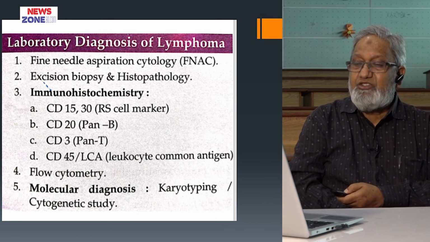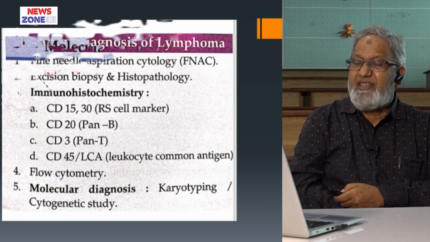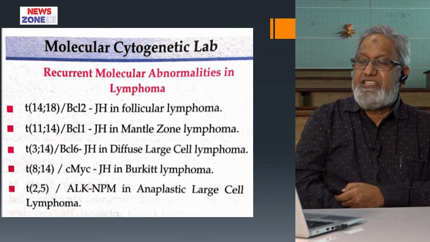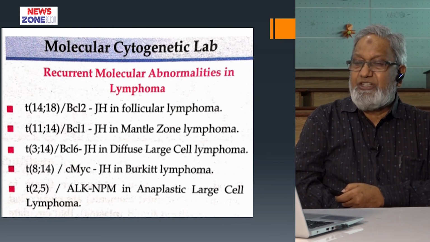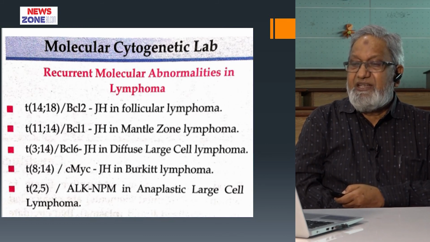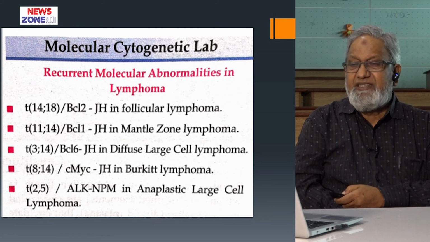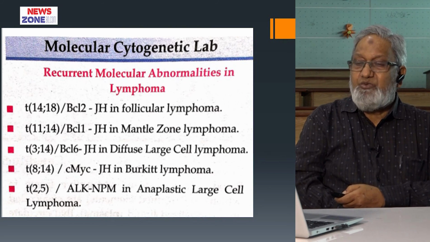Again, we need karyotyping and cytogenetic studies. Recurrent molecular abnormalities are found in lymphomas, as for example, follicular lymphoma, translocation between 14 and 18; mantle zone lymphoma, translocation between 11 and 14; and diffuse large cell lymphoma, what will we find?